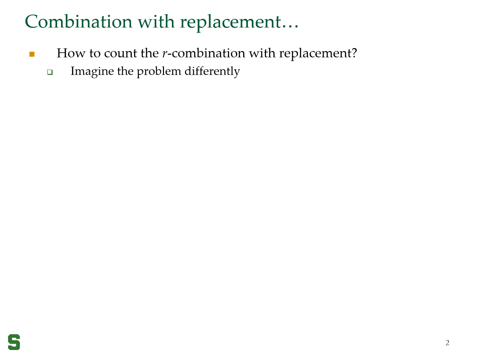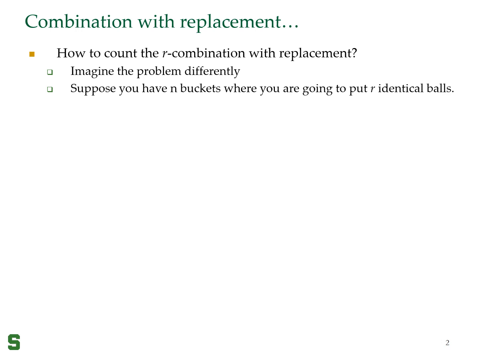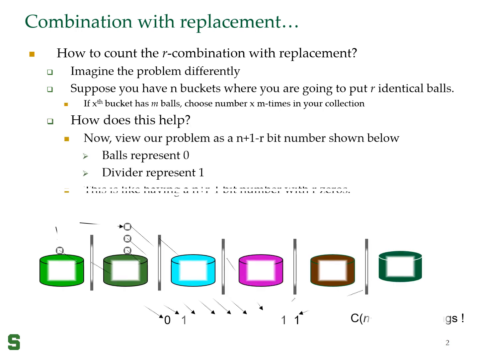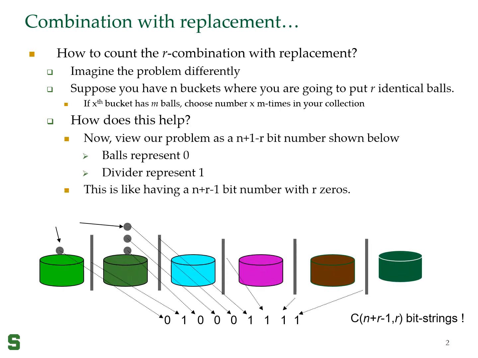So as I said, we are going to imagine the problem slightly differently. We're going to think of n buckets and we're going to throw r identical balls in it. So you can see that I have these buckets and I'm throwing r identical objects in it.